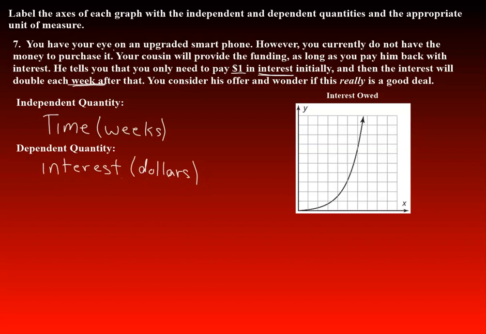And so on our graph, we want to also label those things. So independent is always your x values, and your dependent is always your y values.